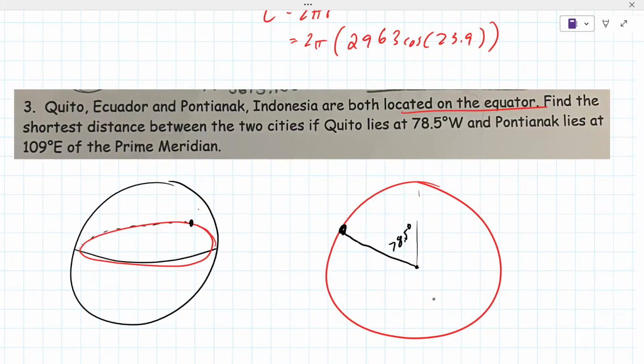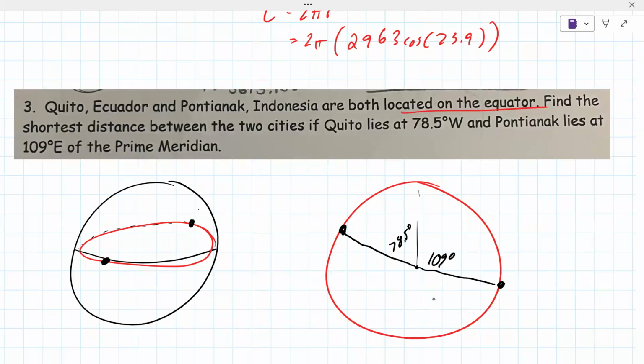It doesn't matter which one. And then the other one is 109 degrees east. So maybe it's kind of there-ish. You follow that picture? Yeah.